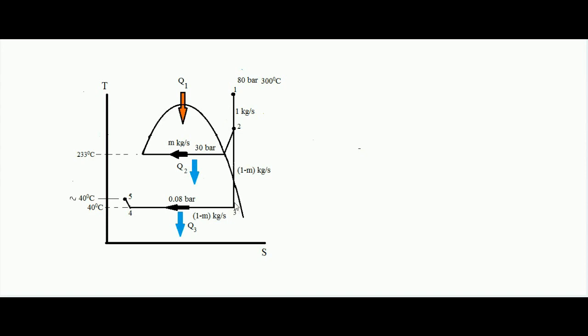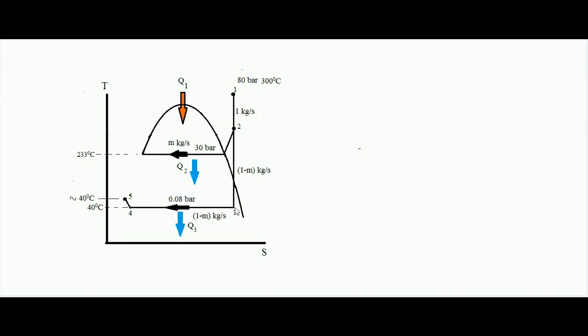Okay, now when it reaches point 3, since 1 minus m kg per second of steam is reaching there, in the condenser the steam condensing rate would be 1 minus m kg per second.